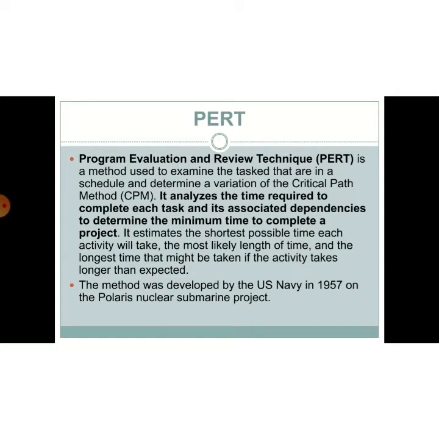Now, what is PERT? PERT stands for Program Evaluation and Review Technique. It is a method used to examine the tasks that are in schedule and determine a variation of critical path method. It analyzes the time required to complete each task and its associated dependencies to determine the minimum time to complete a project.